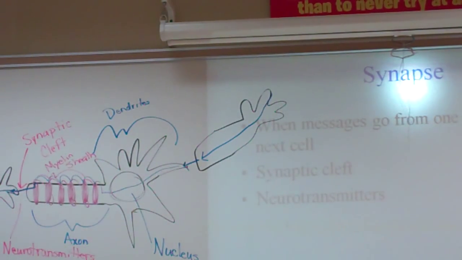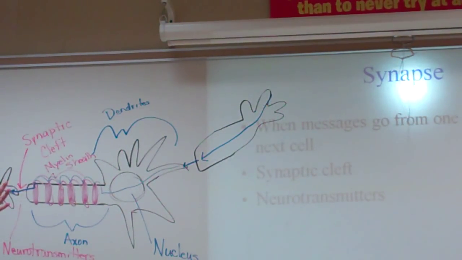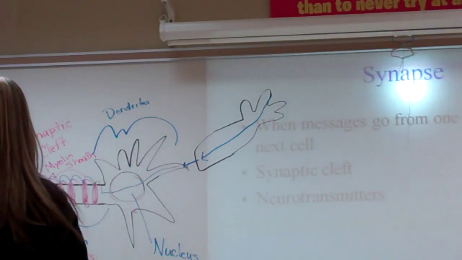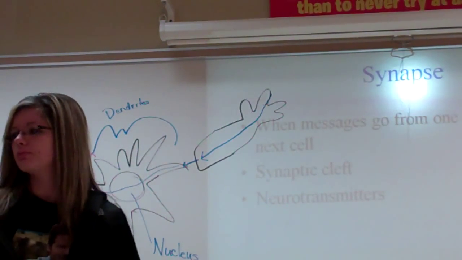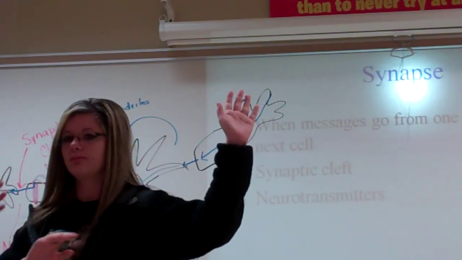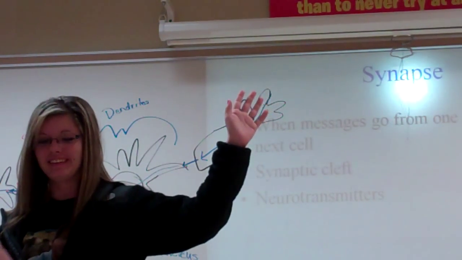Okay? You guys see that? Does that make sense? Ashley, will you come up here, please? Your fingers are your dendrites, your palm is the nucleus. Let's just do one hand.